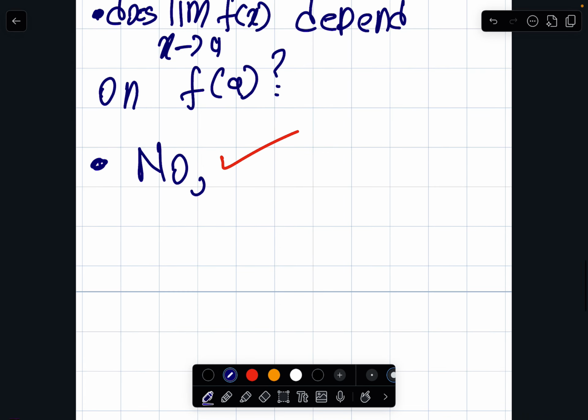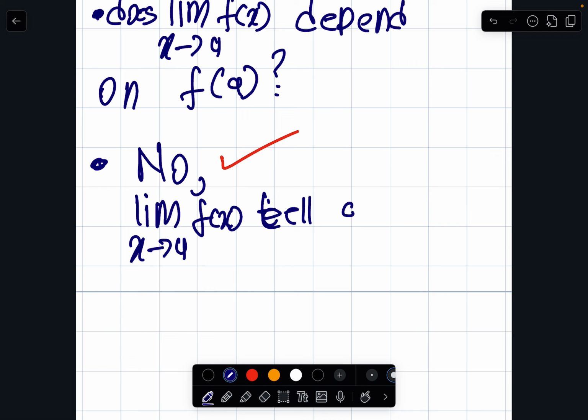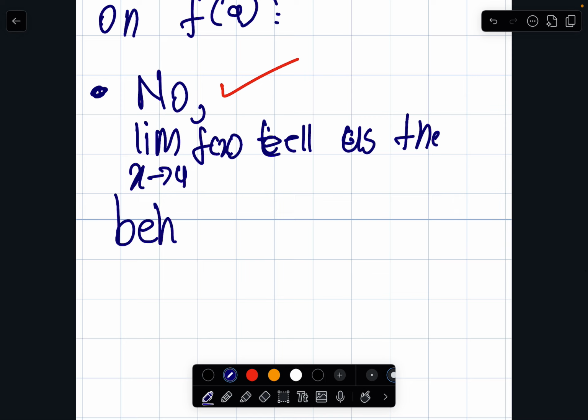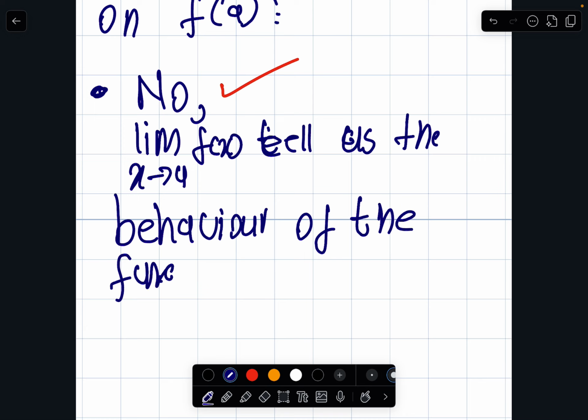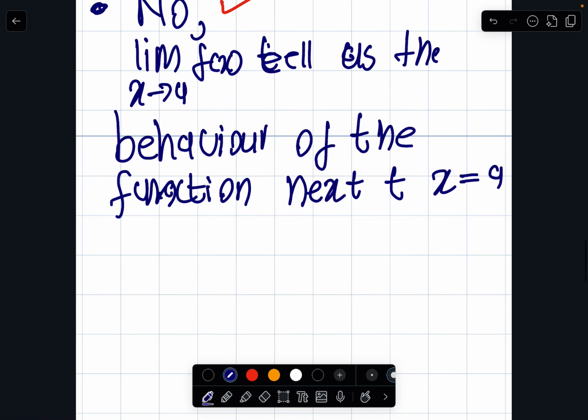Understand? First reason, you say the limit as x approaching a of f of x tells us the behavior of the function next to x equals a, ne?